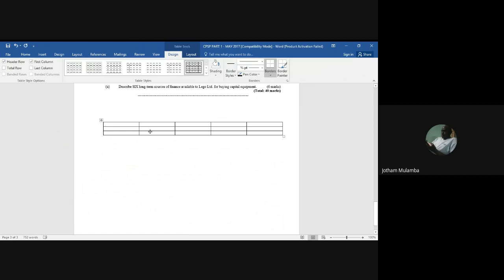In the first part we have period, then installment, then we start off with the interest, principal, then balance.